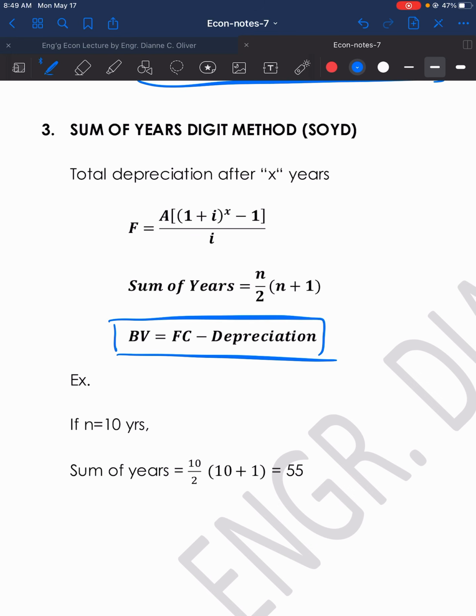Now here's an example: if the life of the property is n equal to 10 years, therefore the sum of years is 10 over 2 times 10 plus 1, and that is equal to 55.